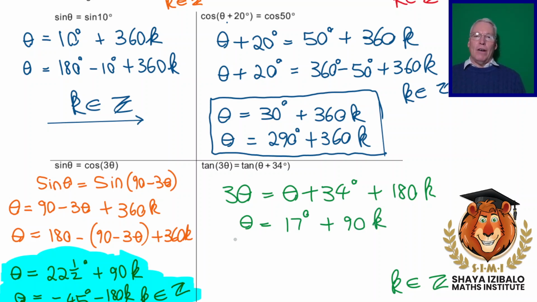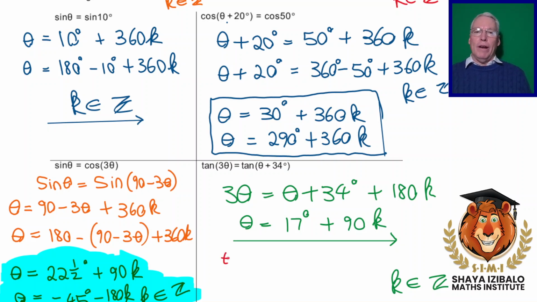Right, so there's our answer. I love to test an answer, okay? I love to say, well, if k was 1, then we get 107. So now let's see if we put 107 into that equation.